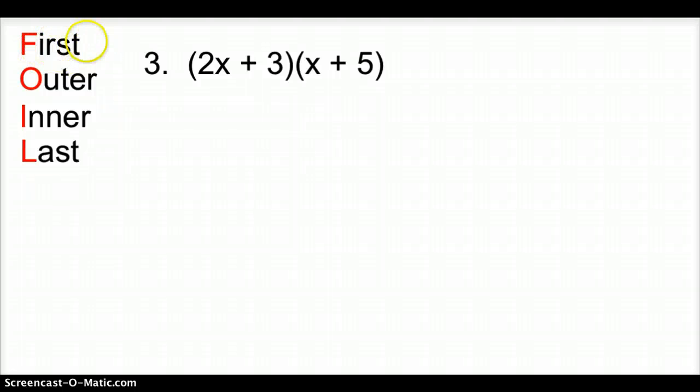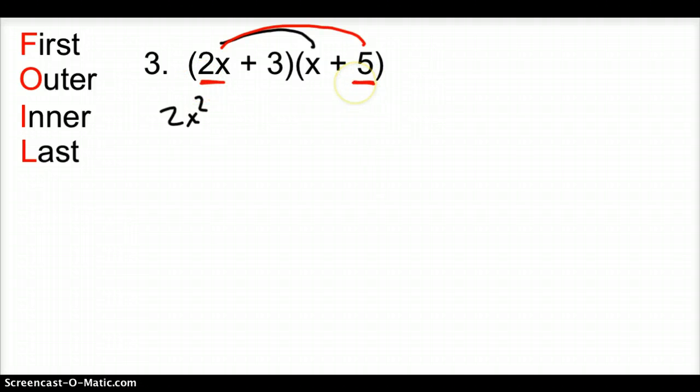We take the first term in this binomial times the first term over there to get 2x squared. Then we take the outer terms, the first and the last terms, because it's on the outer of the parentheses, so it's plus 10x.